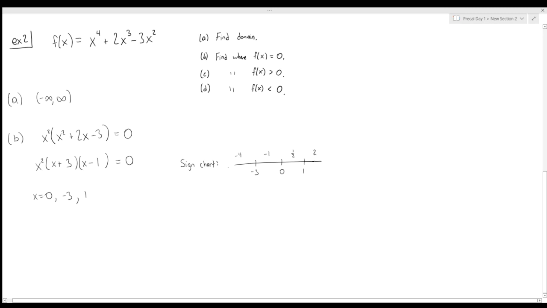All right, and then we want to plug each of our test points into our function. And again, it's easier to use the factored formula for f. So I'll copy it down here so we can see it more easily. Okay.